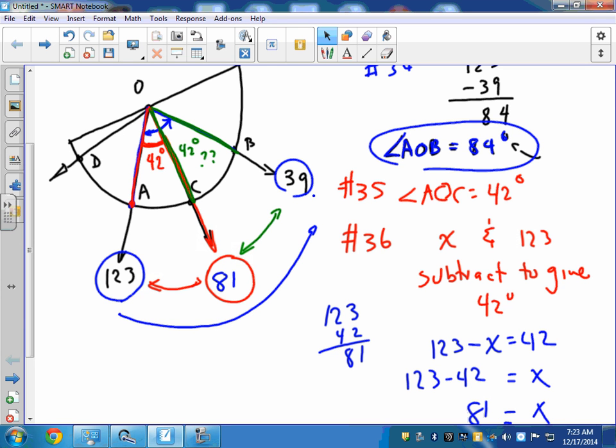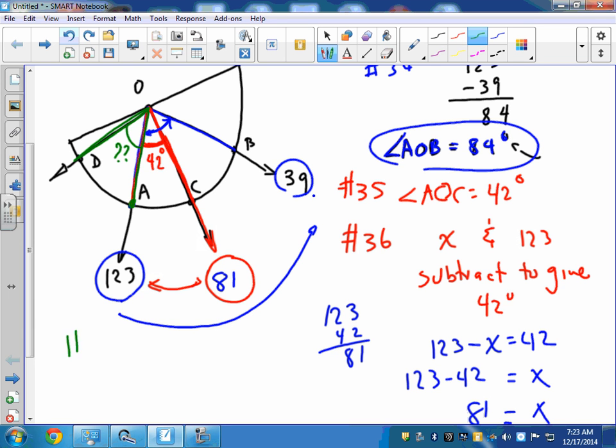Okay, 37. Find the measure of AOD. Let me get rid of some of this green so I can pull up a green marker. So we're trying to find out how big this angle is, AOD, given the fact that AOD and AOC are complementary.